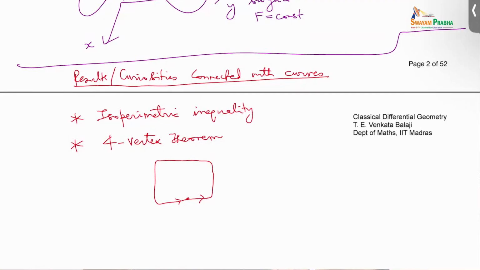So what is this thing about the isoperimetric inequality? We have the following physical observations, and the idea is these are phenomena in physics.